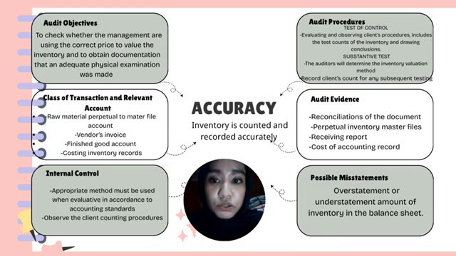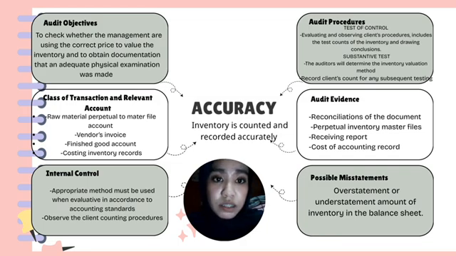For internal control, an appropriate method must be used when evaluating in accordance with accounting standards. Next is to observe the client's counting procedures. For the audit procedures, the first one is test of control. We have to evaluate and observe clients' procedures, including the test count of the inventory and drawing conclusions.